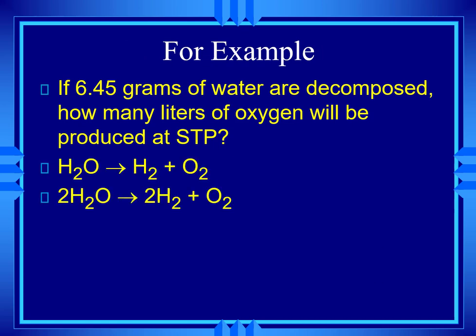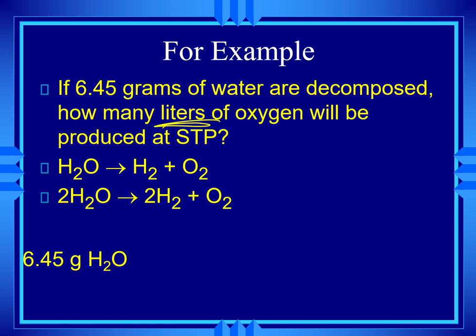So, if 6.45 grams of water are decomposed, how many liters of oxygen will be produced at STP? On the homework last night, I would have asked you for grams of oxygen, but today I asked you for liters of oxygen.